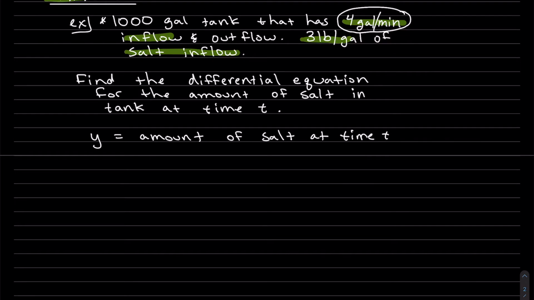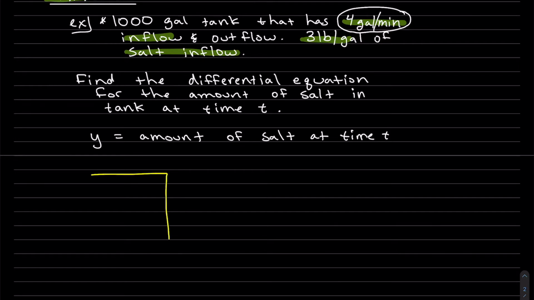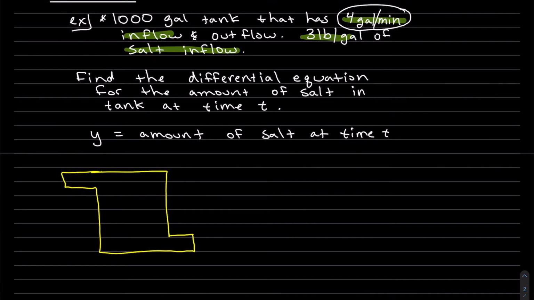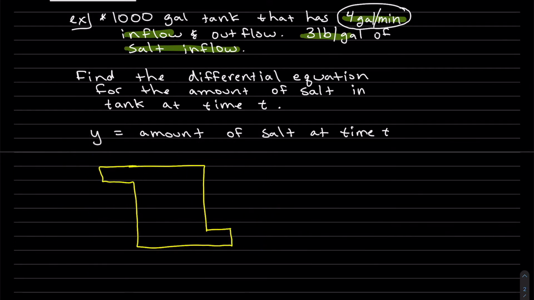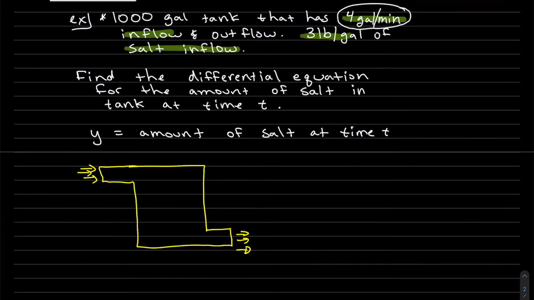If we want to draw a picture of a tank, we can do that. We have an inflow and an outflow. For the inflow, we can put in our formulas: 4 gallons per minute, and 3 pounds per gallon of salt going in.